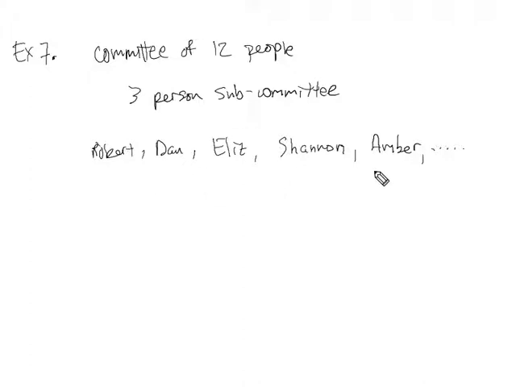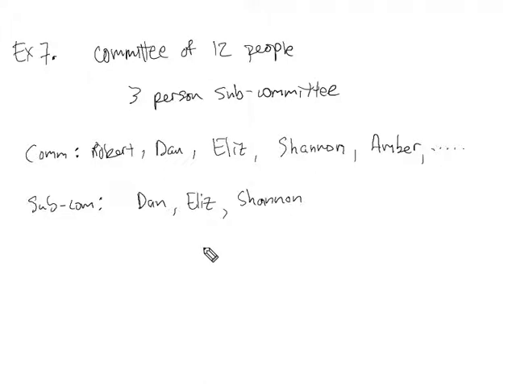Now, if we wanted to pick a subcommittee, then we could put Dan, Elizabeth, and Shannon. Okay, this is the committee, and so our subcommittee, one possibility could be Dan, Elizabeth, and Shannon.